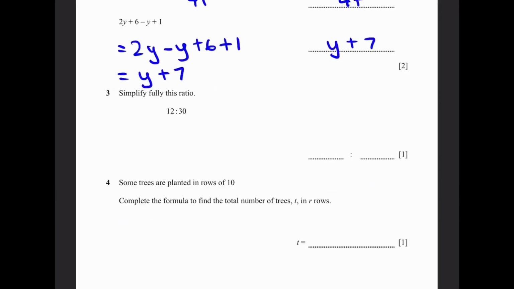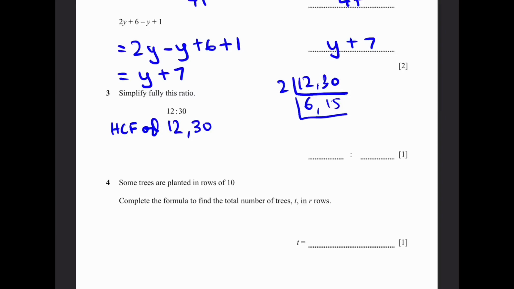Question 3. Simplify fully this ratio. 12 is to 30. So we need to find out the HCF of 12 and 30. So let's put it down. 12, 30. Both are divisible by 2, 6, 15. And then both are divisible by 3 as well, 2, 5.